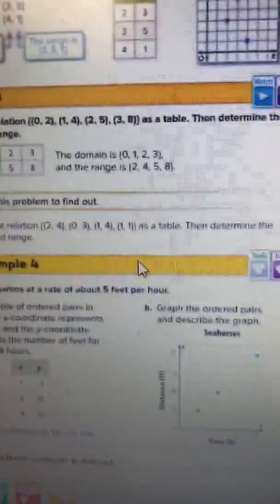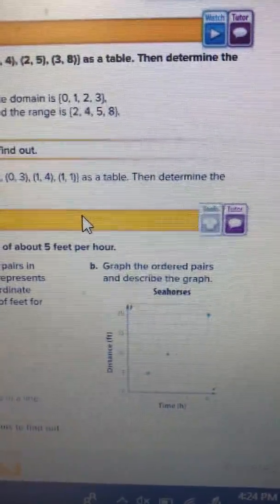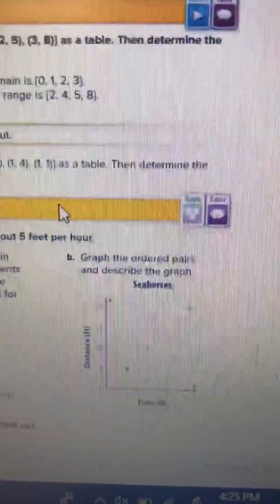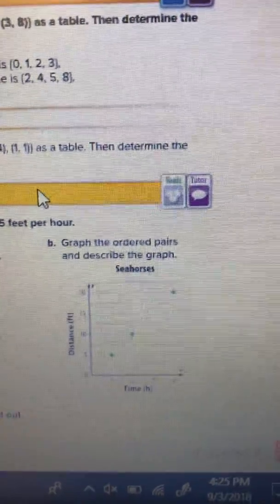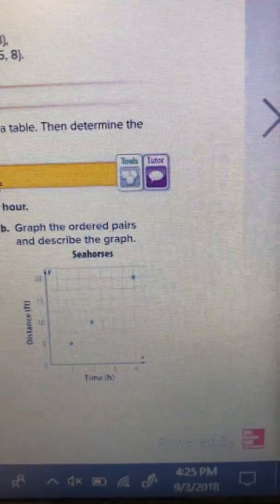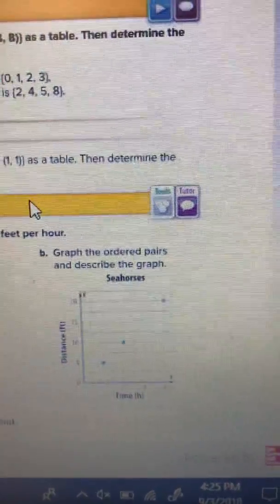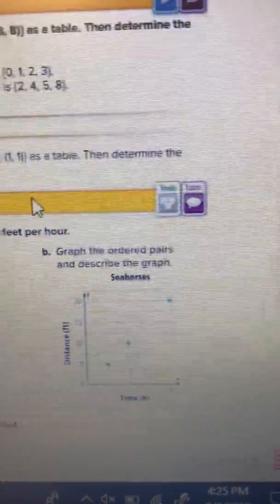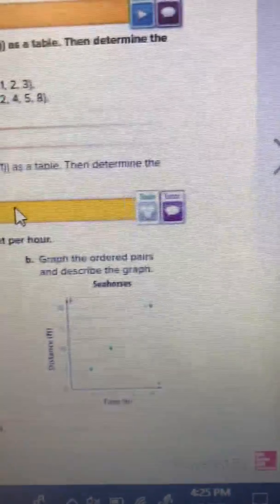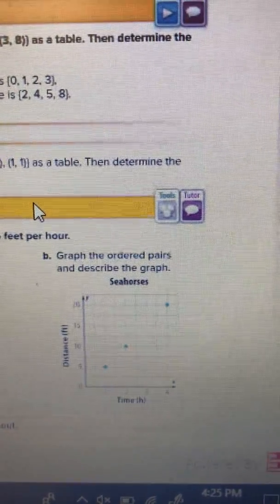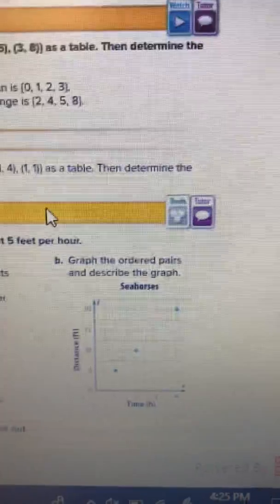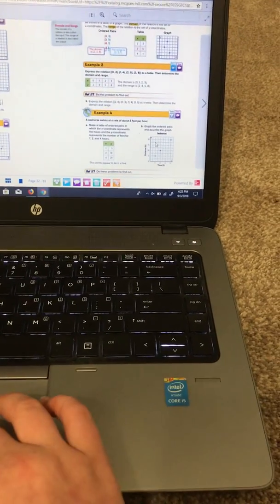So then we're going to plot those points in our graph. Went over one, up 5, over 2, up 10, over 4, up 20. Those appear to be in a straight line, and we can go ahead and draw a line in there to show that it is continuous, because we can have parts of hours and we can have parts of feet as we travel.